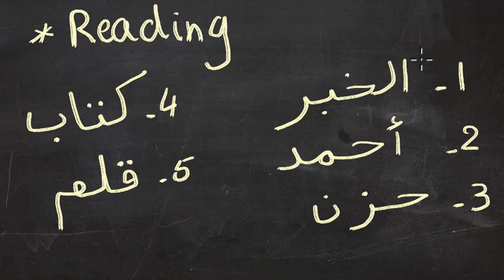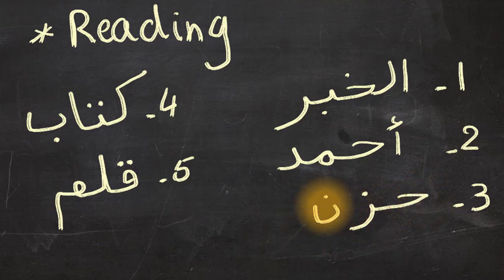Alright, now I'm going to say the words out loud and you're going to pay attention to compare your pronunciation to mine. Word number 1 is Al-Khabar. Number 2 is Ahmed. Number 3 is Hazan.